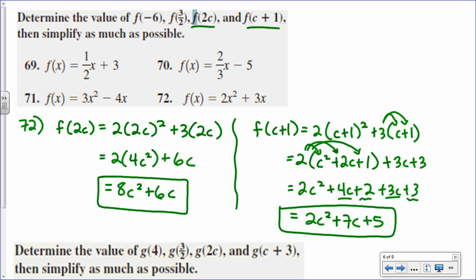So when you plug in variables into a function, your answer is going to have variables in it. Questions about this? Okay.